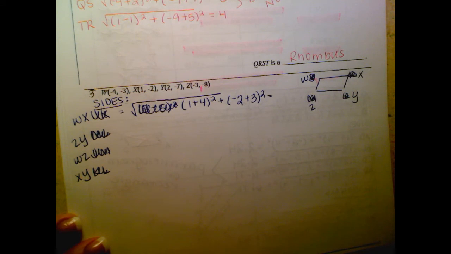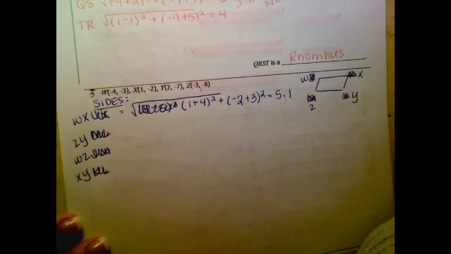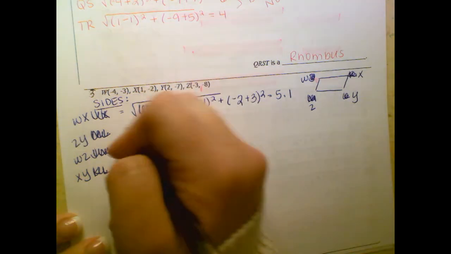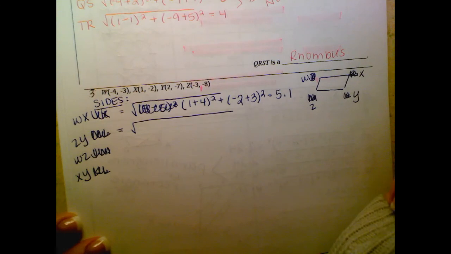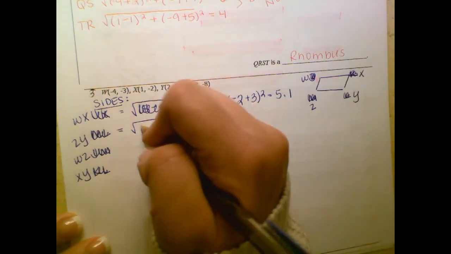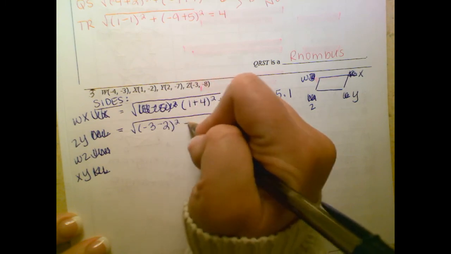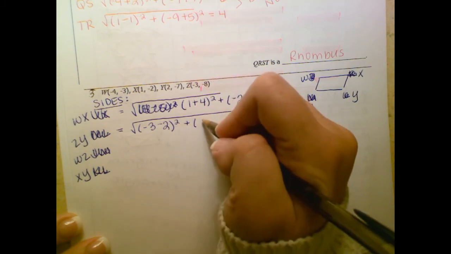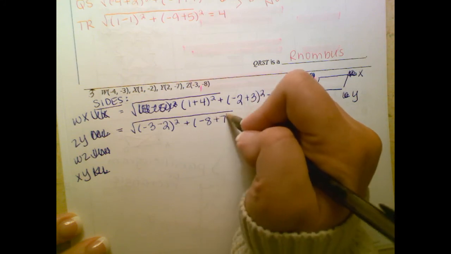Get my final answer. I'm getting 5.1. For ZY, I have negative 3 minus a positive 2 plus negative 8 minus a negative 7 makes it a plus 7.